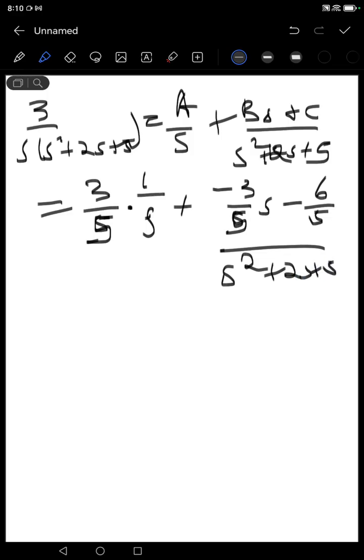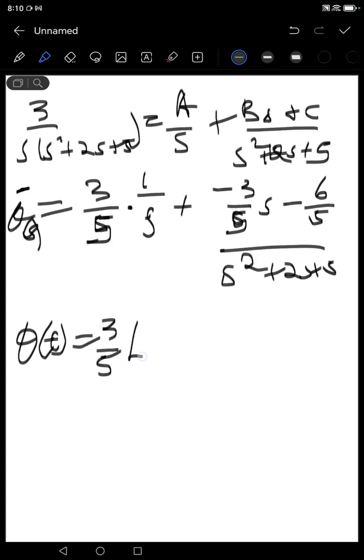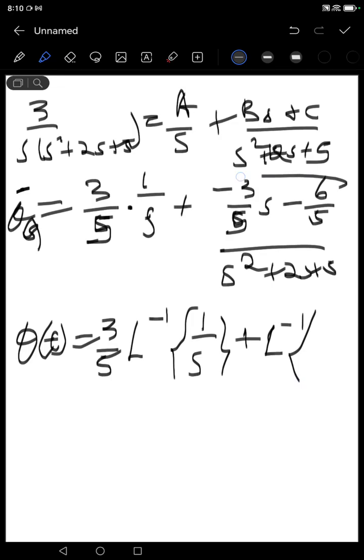Now we can introduce the inverse Laplace. We're looking for theta t, so it's going to be 3 over 5 inverse Laplace of 1 over s, plus inverse Laplace of this.